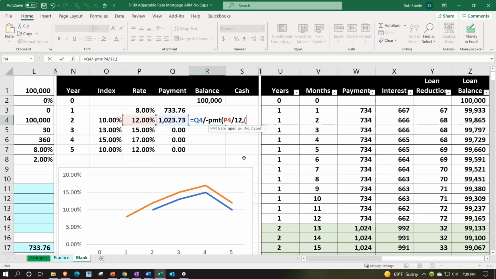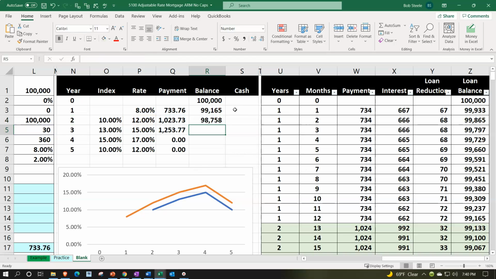Looking at the years, we're looking for 28 years now, so 30 minus the 2, so I can copy it down. That 30 would need to be absolute if I was to copy it down. F4, a dollar sign before the L and the 5, closing the brackets. That would be 28 years times 12 to get the monthly amount, comma, and then instead of the prior balance, we're just going to put 1 here to get into the balance. Then it closes up the brackets.